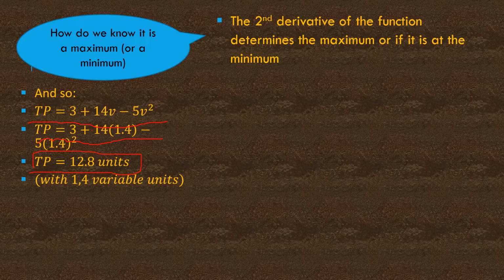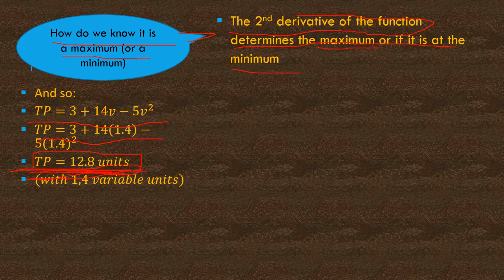Okay, so how do we know if it is a maximum or a minimum? Now, you have to deal with the second derivative already. So the second derivative function will now determine if the output that we have derived here, which is the 12.8, is considered to be a maximum or a minimum.